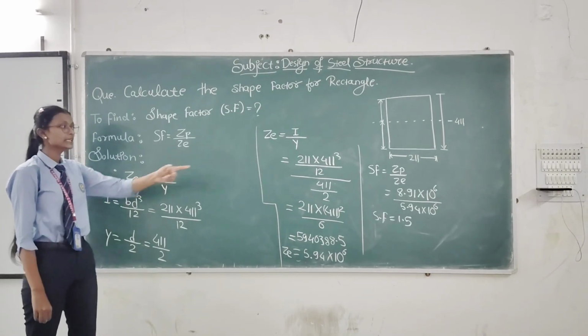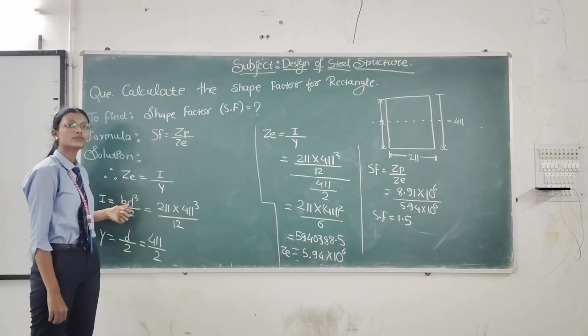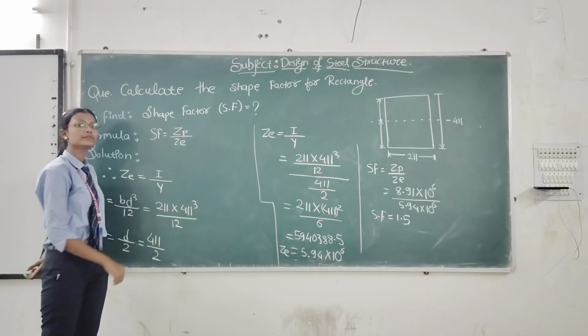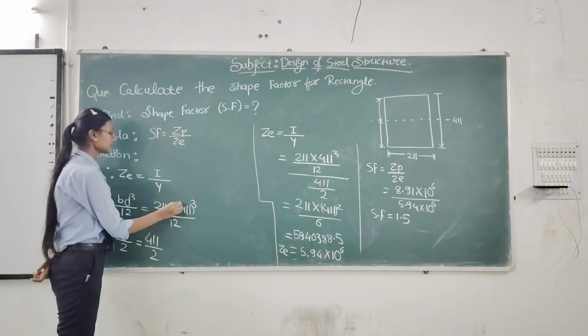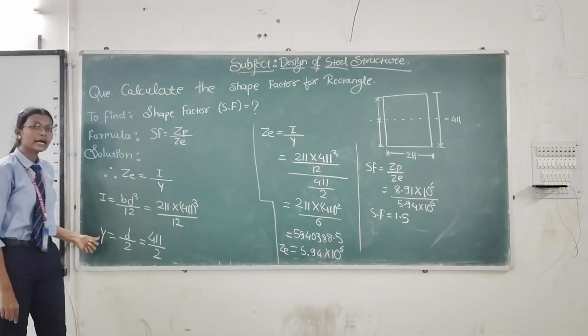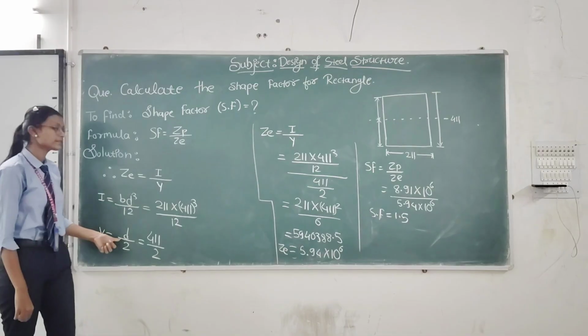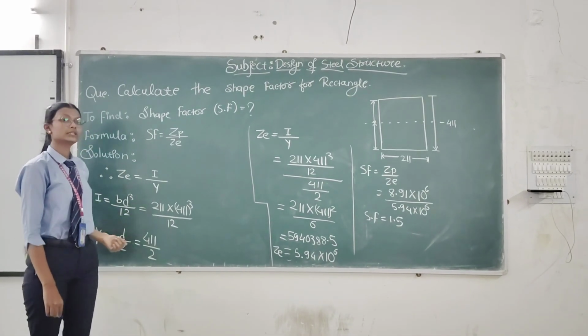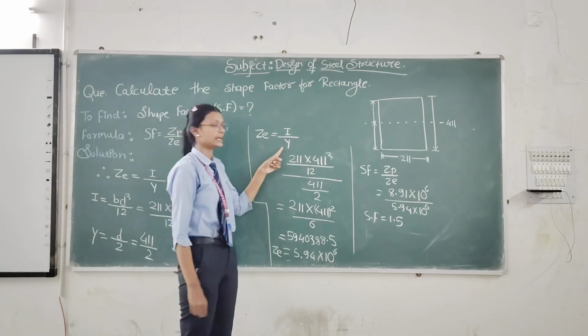Here B is 211 and depth is 411. So here we put the value, that is 211 multiplied by 411 cube divided by 12. Y, I already told you, is equal to d by 2, and here depth is 411 divided by 2. We put the overall value in the formula I by y.